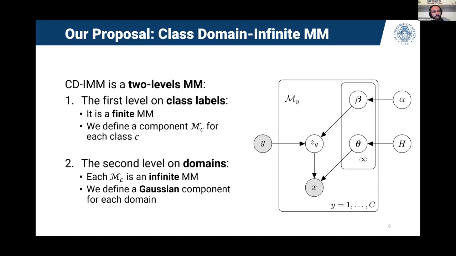So our proposal is to combine the class-based and the domain-based mixture models to define a 2-level mixture model. The first level is based on the class labels. So it is a finite mixture model, and it defines a different component for each class. The second level instead is on domains, and it is defined as an infinite mixture model.